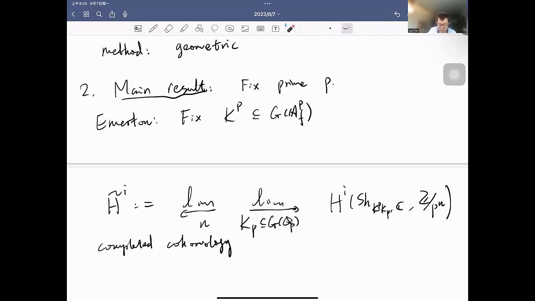It's clear from the construction, and it requires a bit more work to show that this is p-adically complete. It also carries an action of G(Q_p), and this action is admissible in some sense, which means that there's some finiteness property for this action.